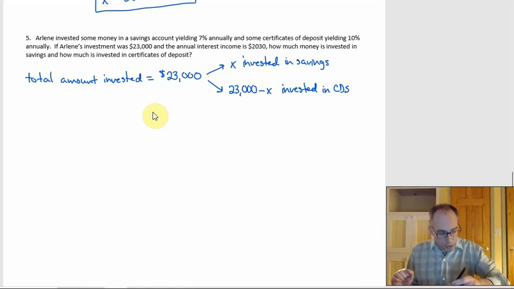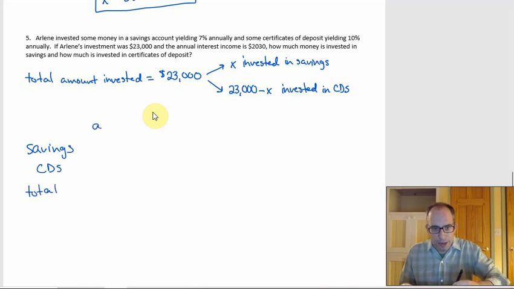So we could say, okay, we've got savings, and we've got CDs, and then there's going to be a total down at the bottom. And then if we have the amount invested, we know what those are, because for savings, we're calling that X. For CDs, we were calling that 23,000 minus X. And then the total is 23,000. Right, so we know that.